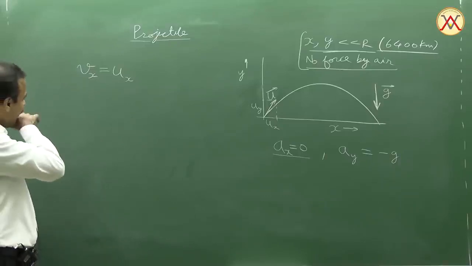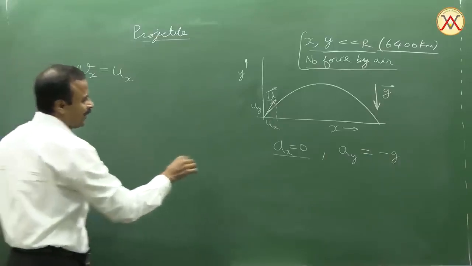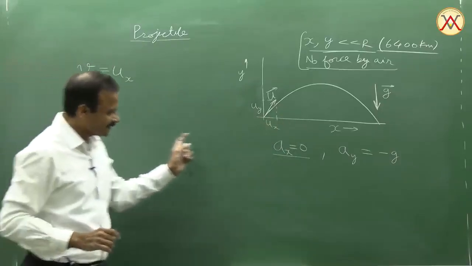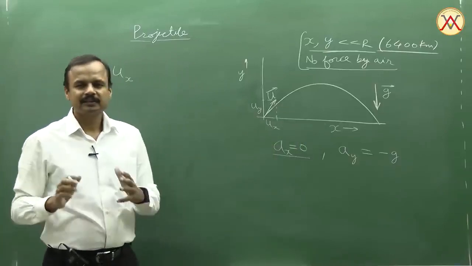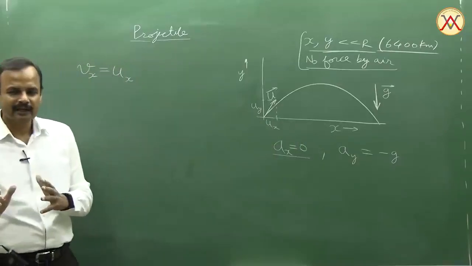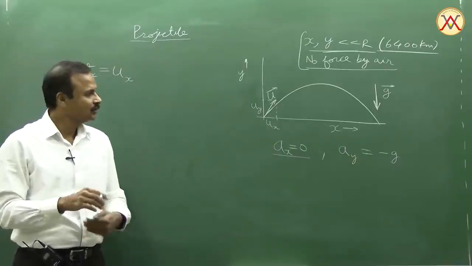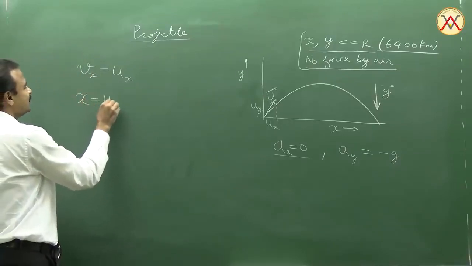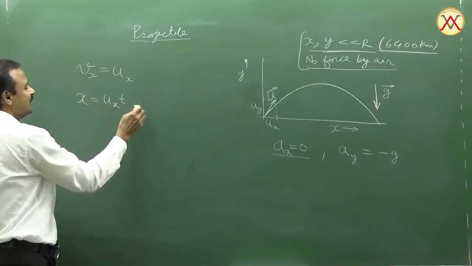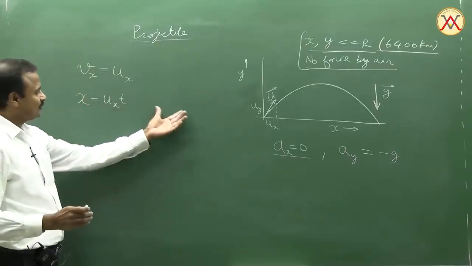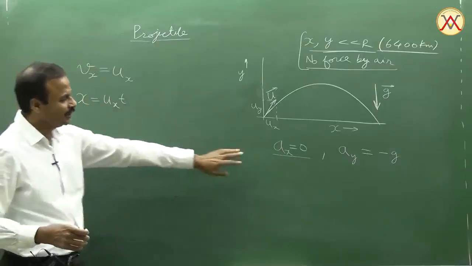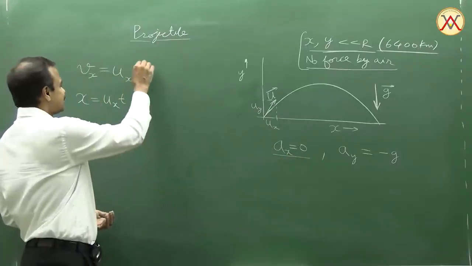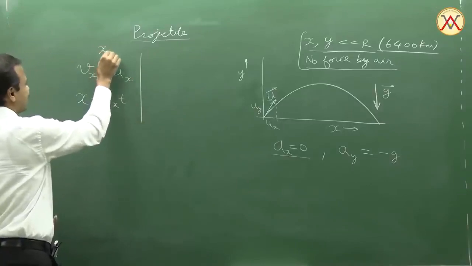And if the velocity in x direction is constant, the x coordinate will simply be ux into t. The other term, half a t square, is simply 0 because ax is 0. So this is about your x direction.